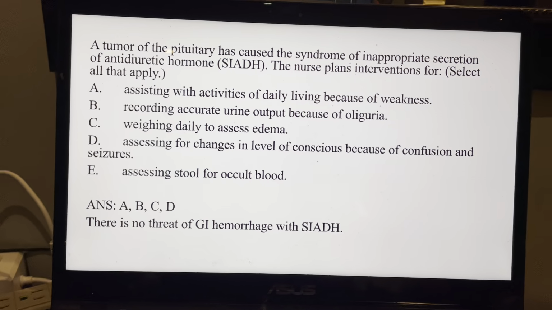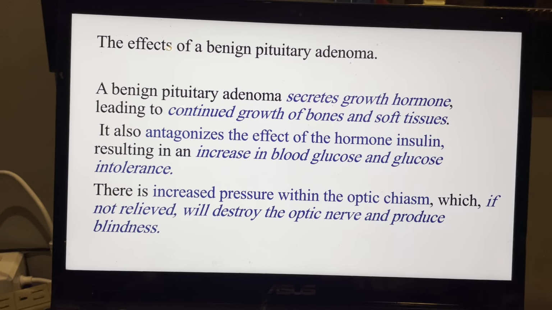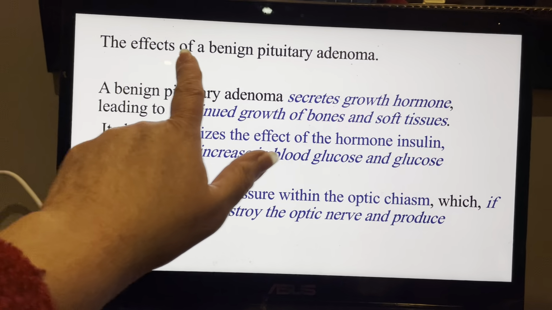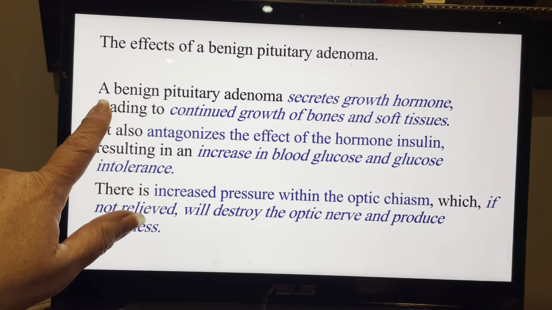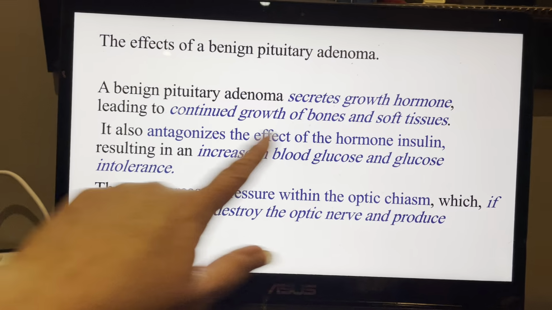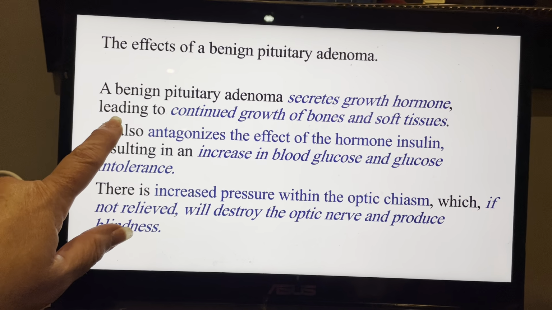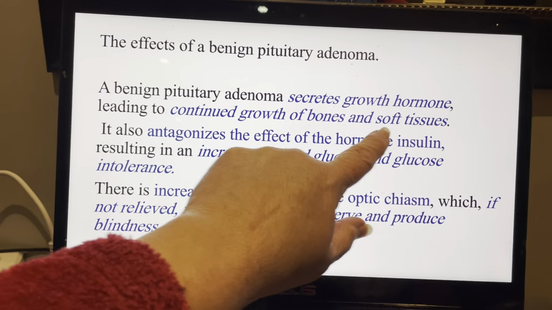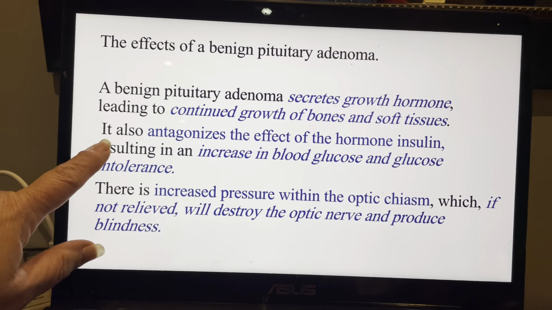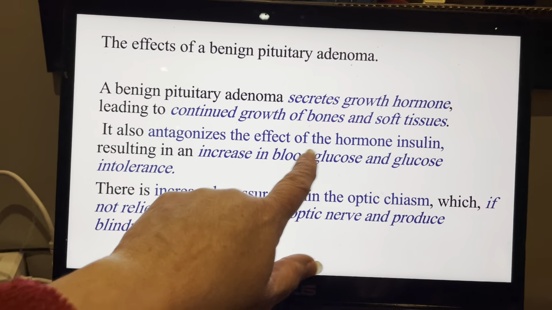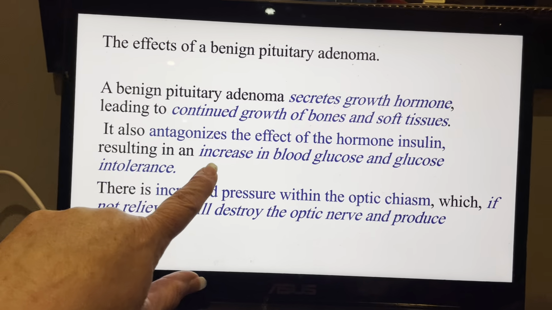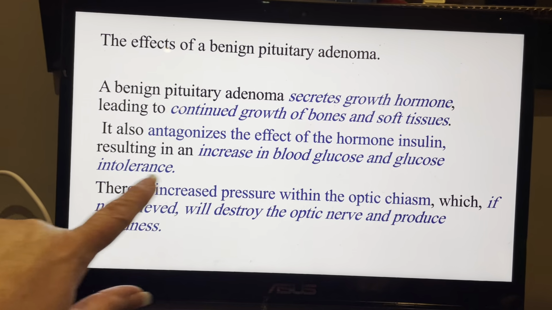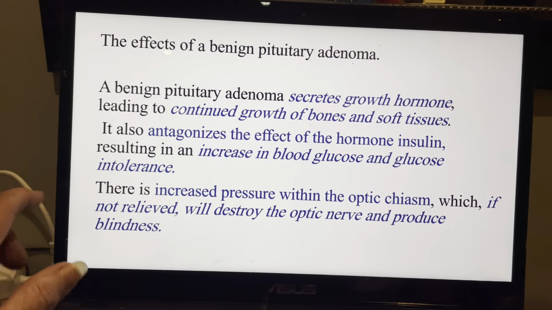Okay, here we go. I didn't realize this was at the end. The effects of a benign pituitary adenoma: it secretes growth hormone, and it leads to continued growth of bones and soft tissue. It also antagonizes the effect of the hormone insulin, resulting in increase in blood glucose and glucose intolerance.